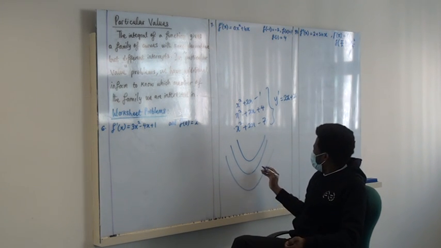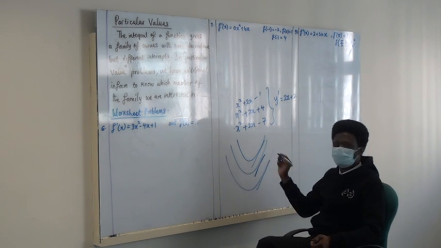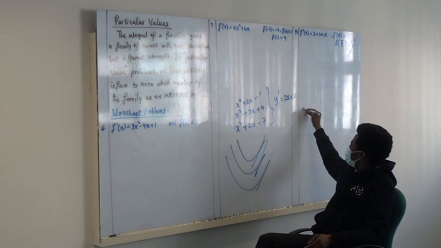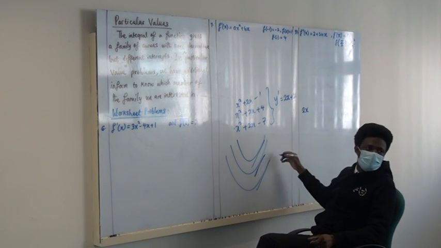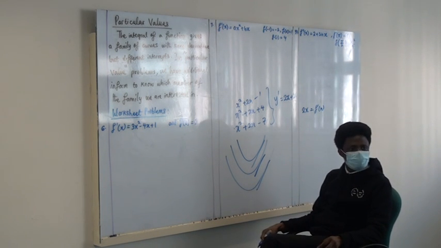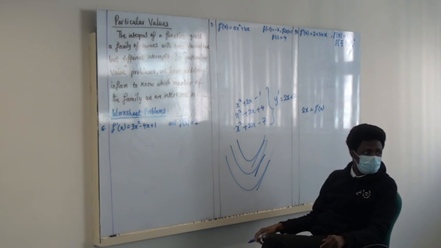So for each of them, when x is 1, the same slope. Which means if we are provided with 2x as the gradient function, it is difficult to pinpoint which of these curves we are dealing with. Understand?